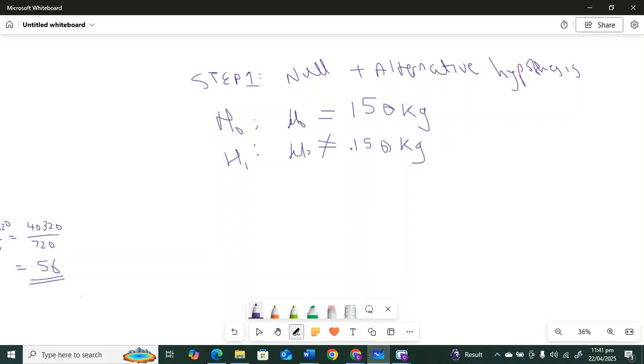It can be either less than 150 or greater than 150. So we have a two-tailed test, meaning we're going to have two rejection regions.